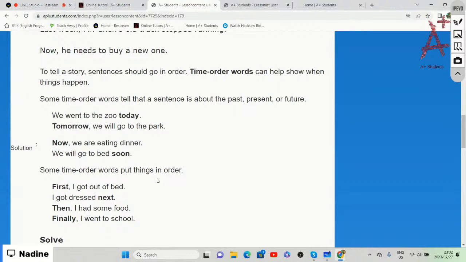Then I had some food. Finally, I went to school. So that is the time order words that put things in order. And when I say put things in order, it means that it starts from the beginning, which is first or firstly, to finally, which is the end.